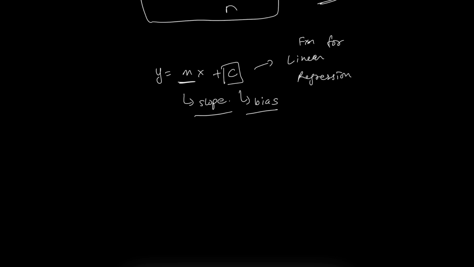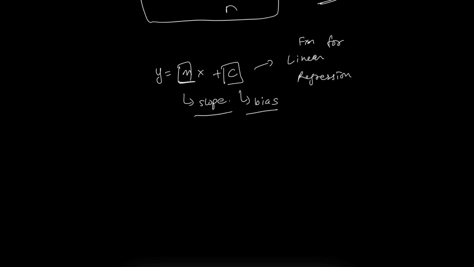And initially, we just start with randomized values of these variables. So m and c have randomized values. And then we want to update in a way where we get closer to the true values of these m and c for our data set.